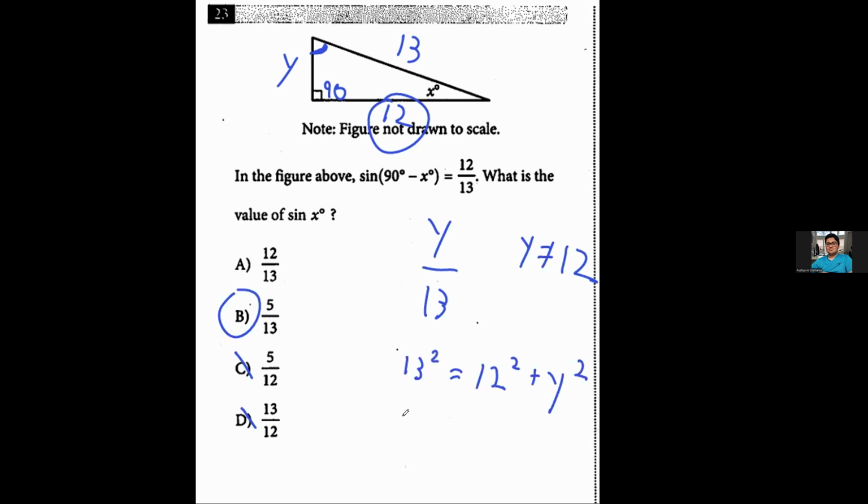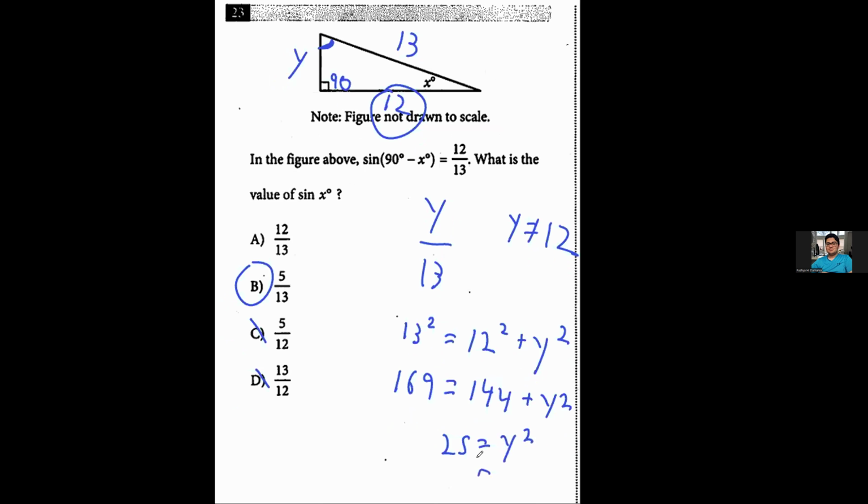So we get 169 equals 144 plus y squared, which gives 25 equals y squared, so 5 equals y. So we would get 5 over 13. So the correct answer is B.